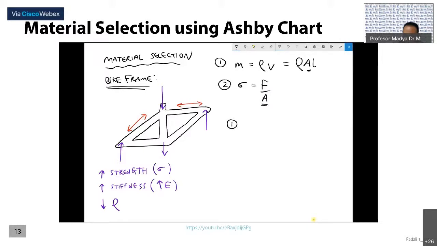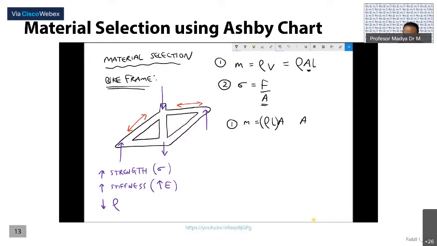So I'm going to take equation 1. First of all, I'm going to rewrite it. Mass equals, instead of density area length, I'm going to write density length area. And the reason I'm doing that is because it's easier then to rearrange. We can see that we need to divide each side by density times length.